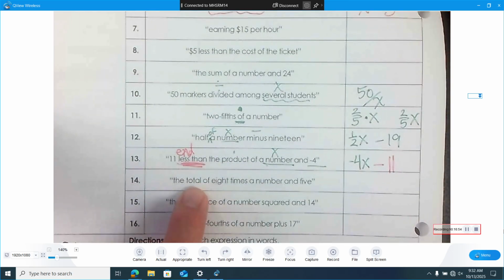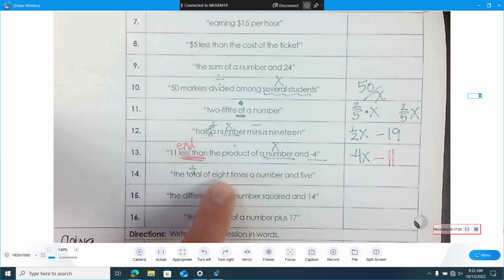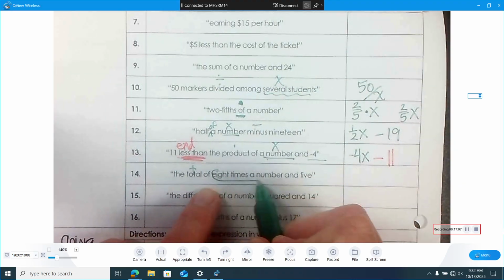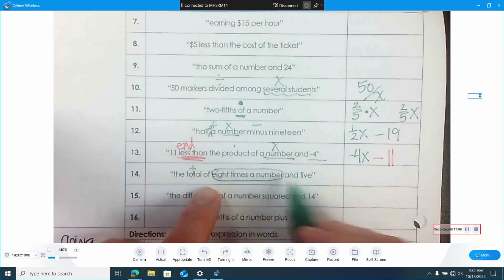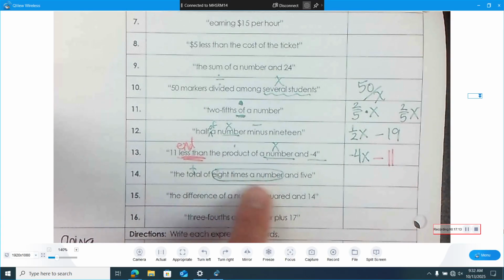Number 14, the total. What does total imply? Addition, yeah. The total of 8 times a number and 5. What should we do for 8 times a number?